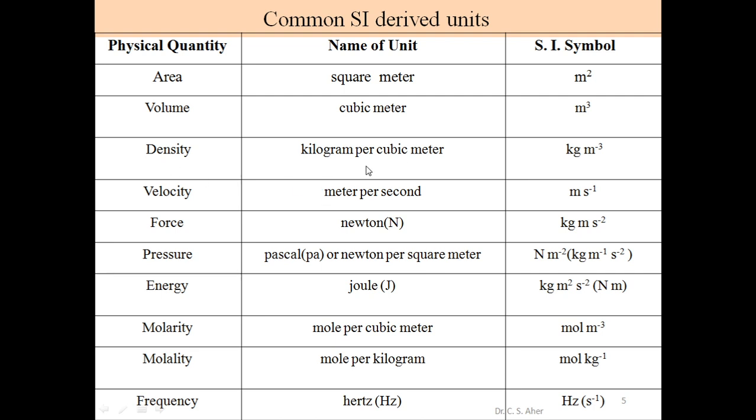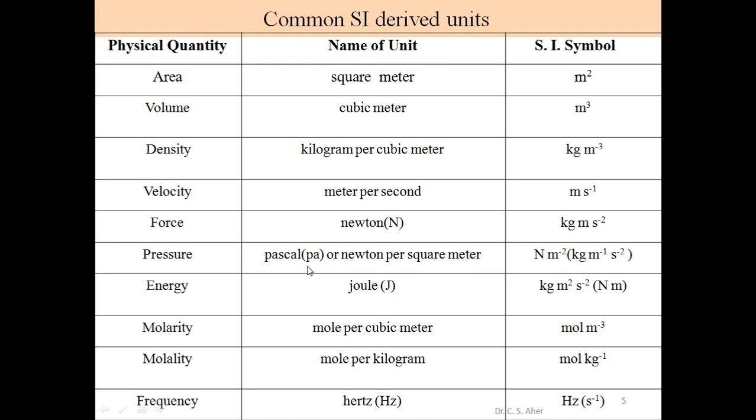Density, kilogram per cubic meter, symbol kg per m cubed. Velocity, meter per second, symbol m per second or m s raised to minus 1. Force is expressed in Newton, capital N, symbol kg m s raised to minus 2.